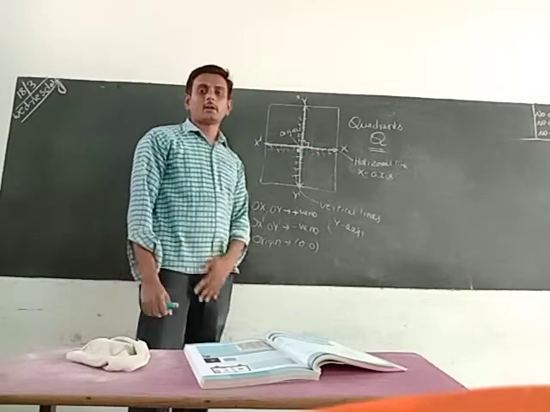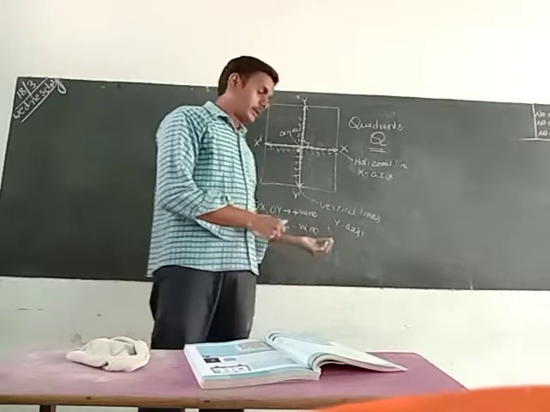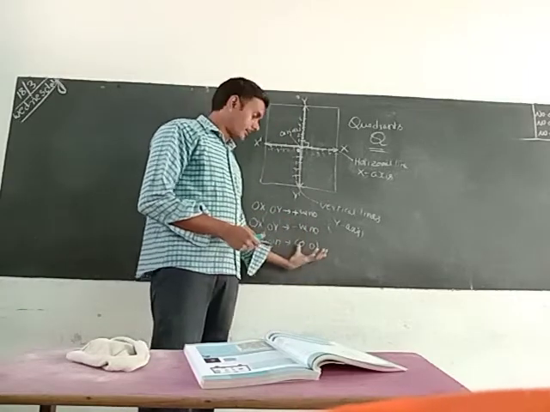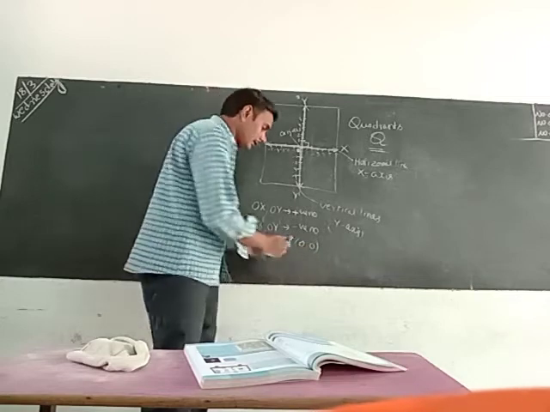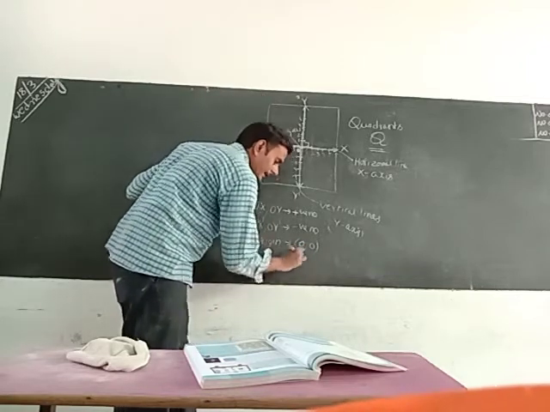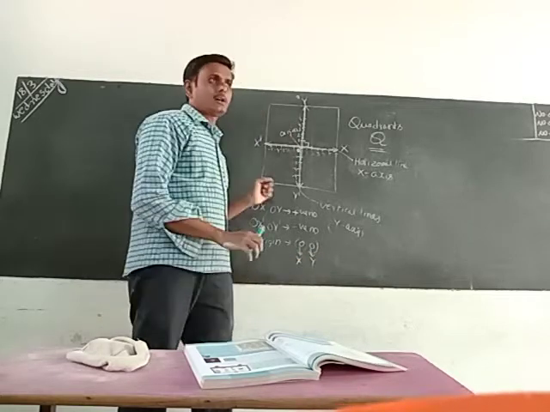While writing the ordered pair, we already discussed the ordered pair. Two numbers are separated with a comma and written in a small bracket. While writing the ordered pair, the first number is x-axis related, the second number is y-axis related. Don't change the order.